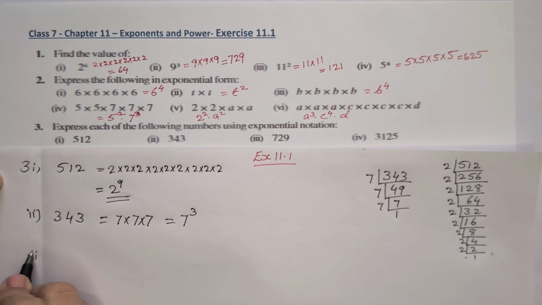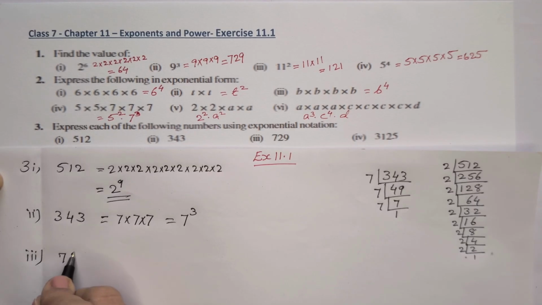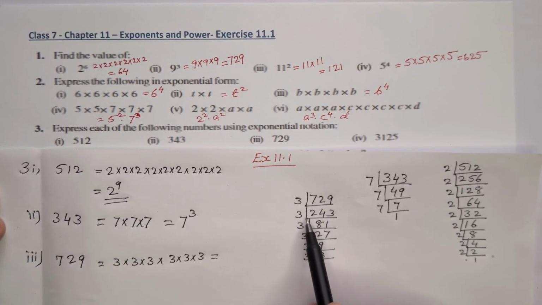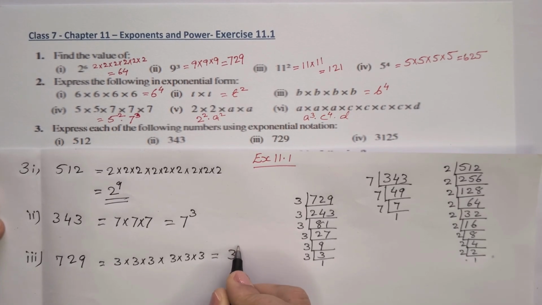Next number, 729. 729 we can divide by 3: 243, then 81, 27, 9, 3. So 3 we are getting six times. You can write that as 3 raised to 6.